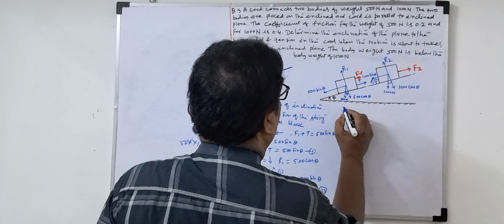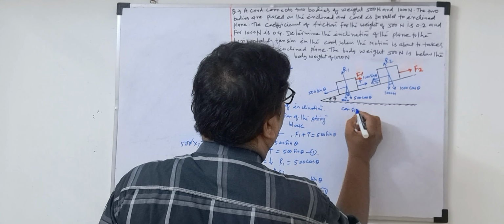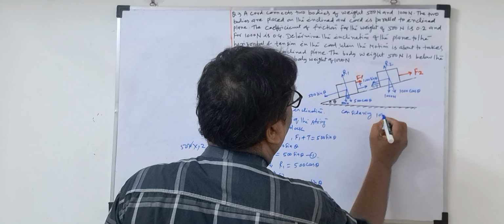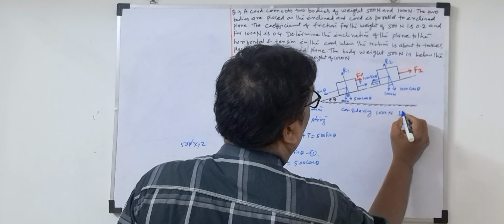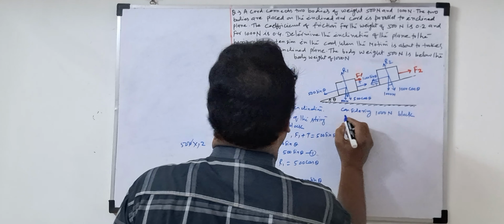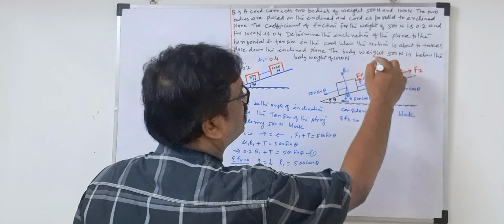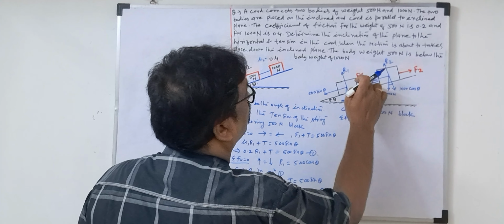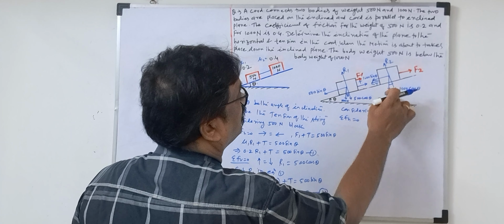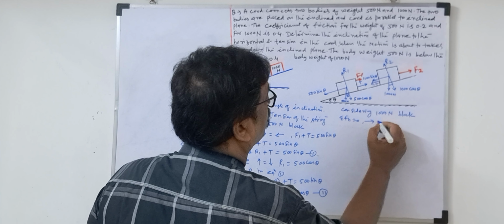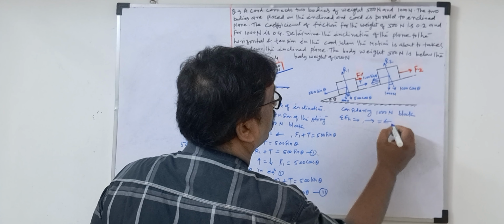So now considering the 1000 Newton block. Similarly, what is sigma Fh equal to? Now we consider this part only, the T and 1000 sin theta. Total leftward force equals total rightward force.